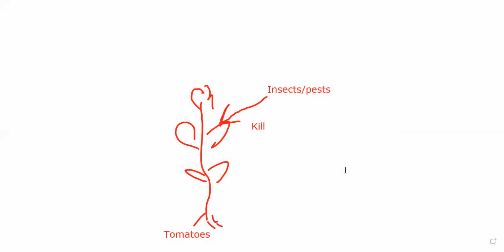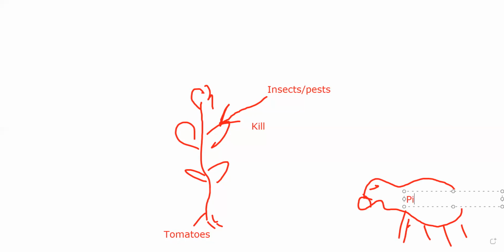Now I realize that these same insects, once in a while, they also try to feed on, draw it like that. Okay, these are the insects. They also try to feed on pigs. This is a pig, the type you find in Mamelodi.